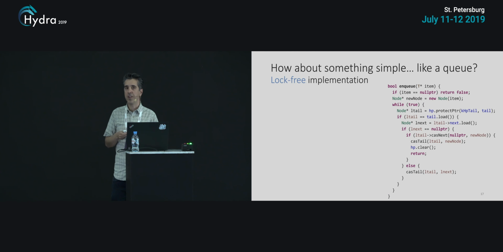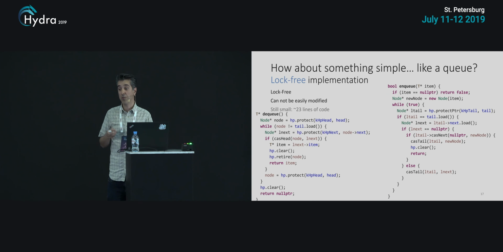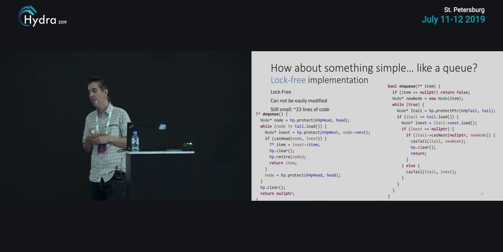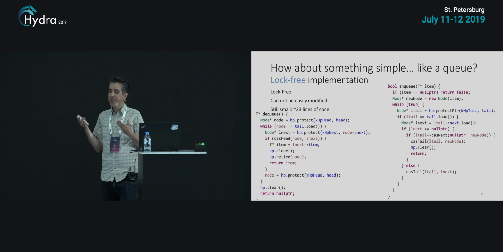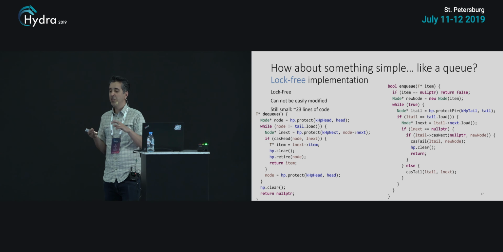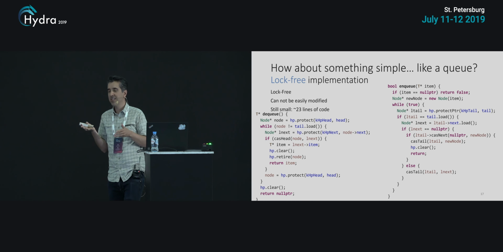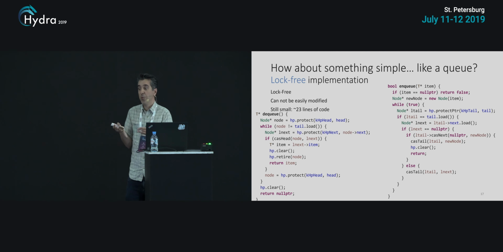What if it's lock-free? Well, if it's lock-free, the code is a bit larger, so you get enqueue there and dequeue there. It's still small, it's still 23 lines of code in this particular implementation, and it even has hazard pointers to protect memory reclamation and all. But I would challenge the majority to change 2 lines here and not break this algorithm, even if it's just to refactor.